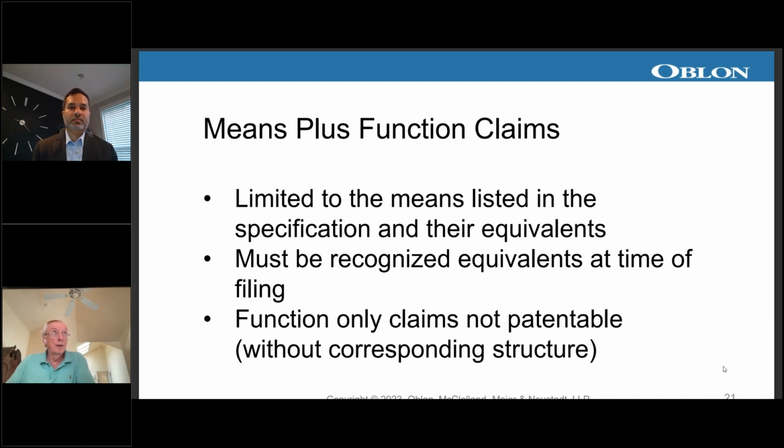So for people who are interested in how to get claims on antibodies, you have to do a lot more work and try to identify as many factors as you can that might allow you to give people guidance as to how to go about it. But in Amgen, if you look at those claims, they were function-only claims. There was no corresponding structure and no attempt to incorporate the means that were in the specification, some 20 specific antibodies.